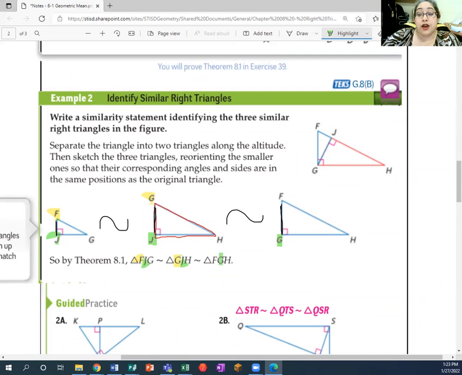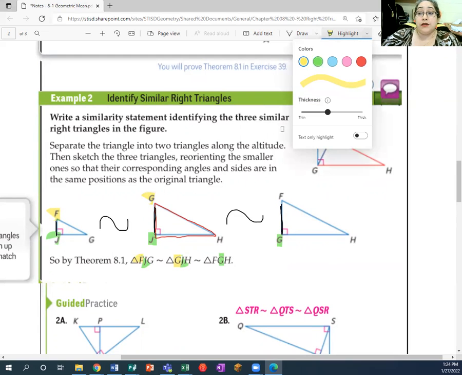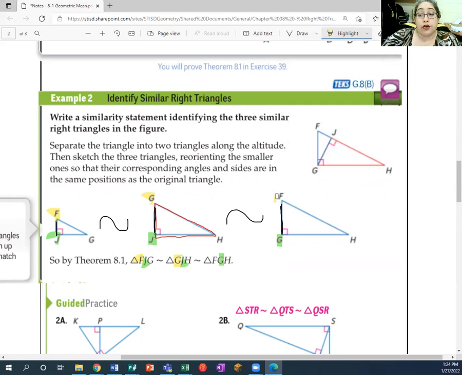So for this triangle, I'm going to write the name of the right angle in the second position of that triangle's name. Then I'm going to find which corner gives me the short side. In this triangle, the corner named F gives me the short side of my triangle. And since that letter on the other two was written first, in this triangle, that letter is also written first.